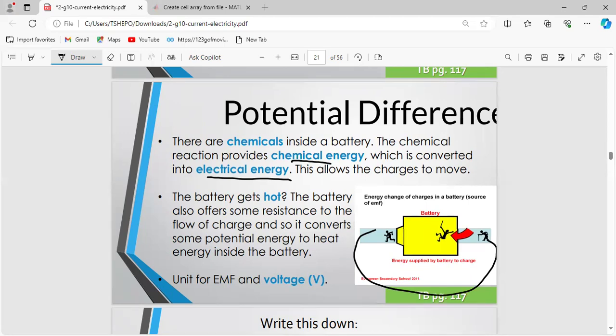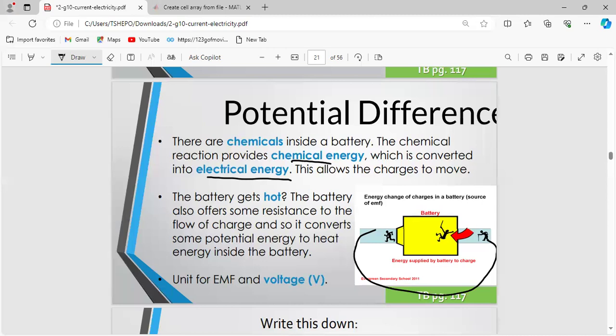So listen, guys, sometimes the battery gets hot. You know why the battery gets hot? You will learn this again in grade 12. The battery gets hot sometimes because inside of it there is a resistor.